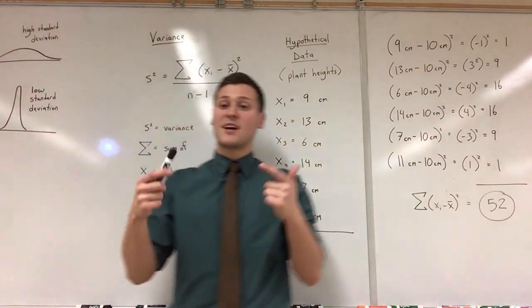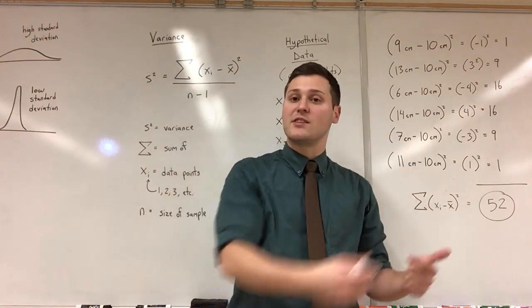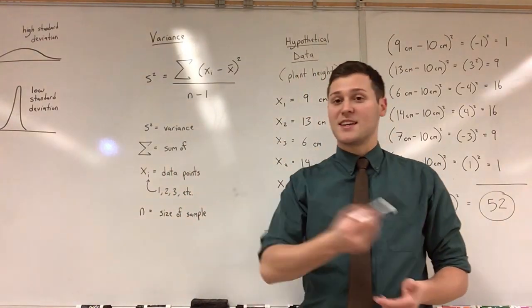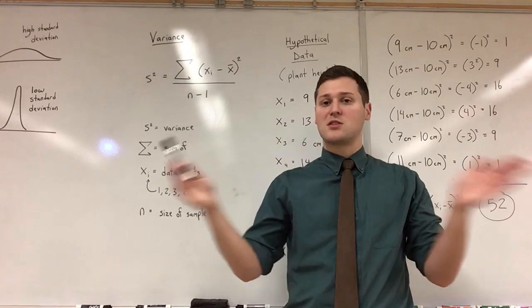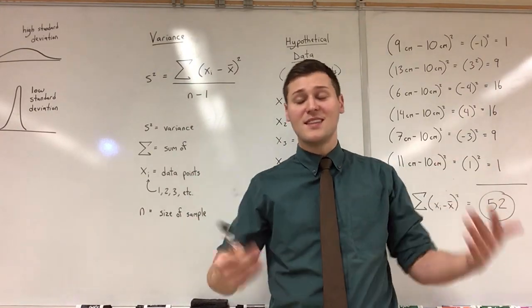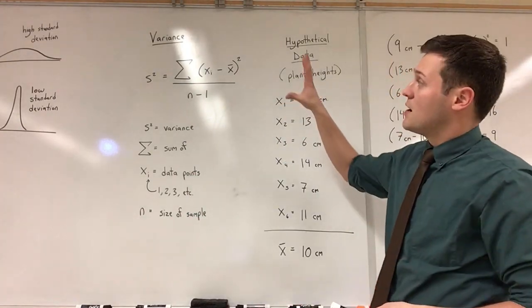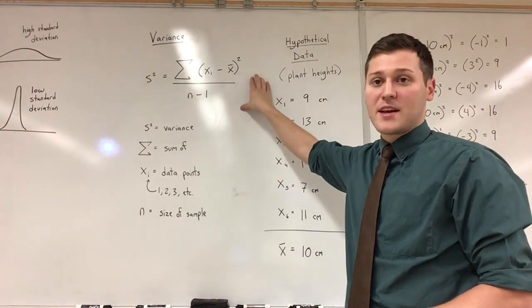So a closely linked concept that will lead us into standard deviation is this concept of variance. And again, variance shows how spread out the data is in the same sense. But this is the calculation for variance.